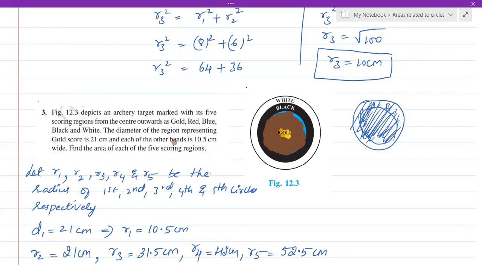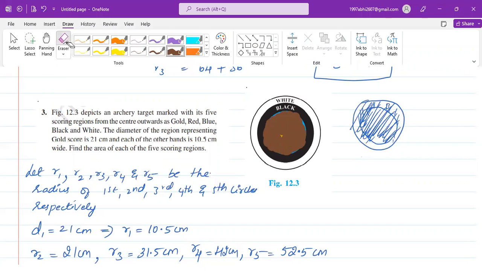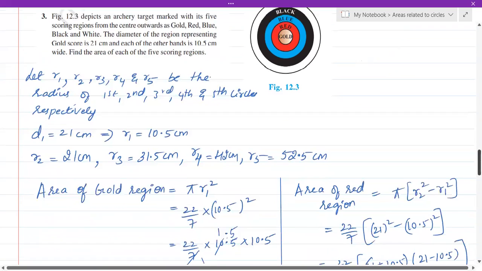Whatever I've shaded in brown, that is the area of the third circle. In that, what is not required, if you remember, is the red and gold, sorry. So we are going to use the same logic we applied, that is, area of the bigger circle minus area of the smaller circle.